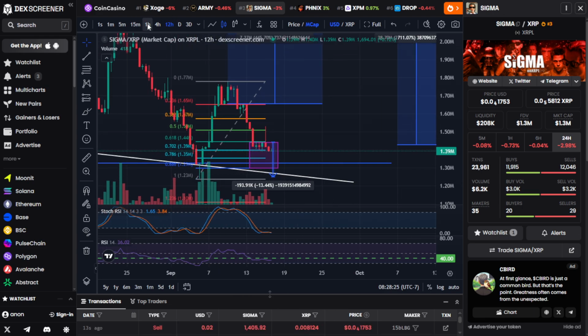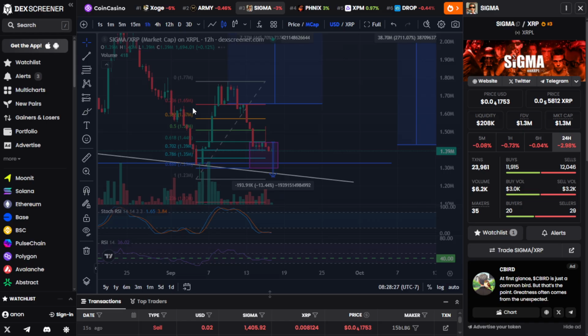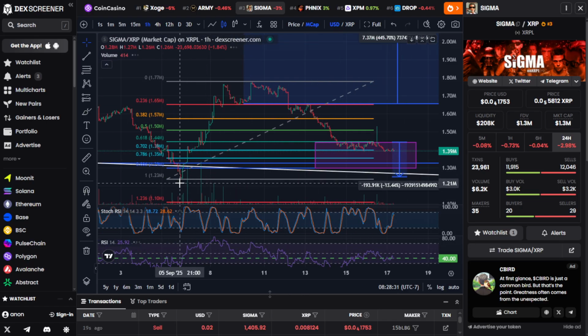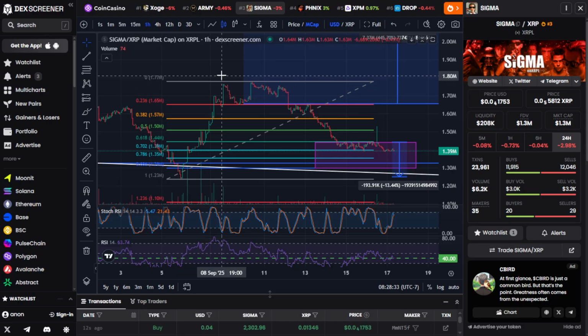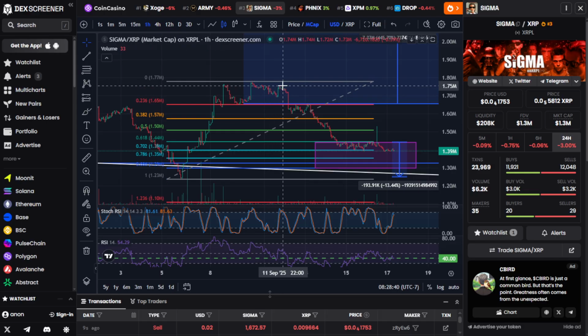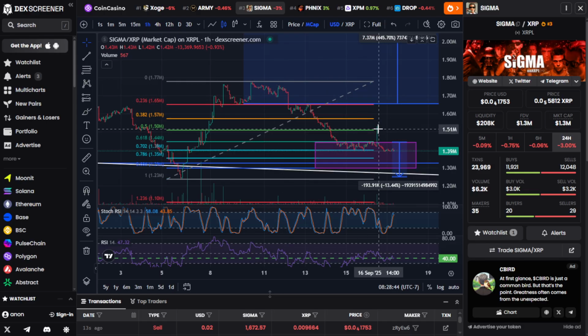So if we zoom in on the shorter time frames, we can see that Sigma is working on the 5-wave move to the upside. So 1, 2, 3, 4, 5, and then it goes ABC down, ABC up, and then this should be a 5-wave breakdown with a 1, 2, and then 1, 2, 3, 4, 5, and then 3 to 4 move.